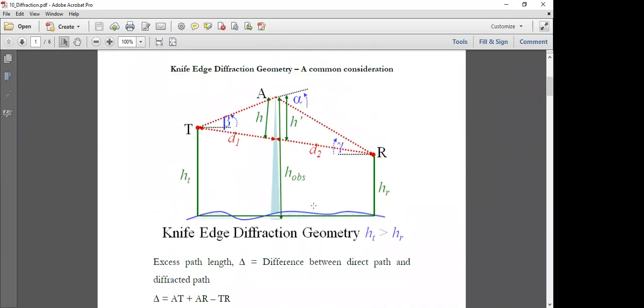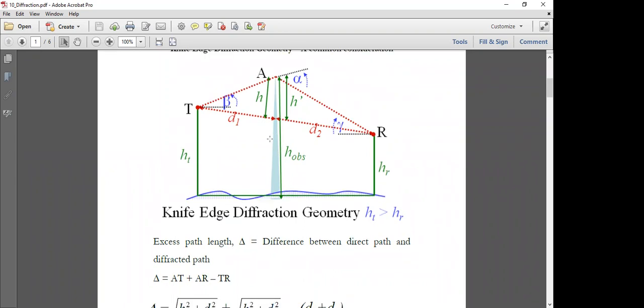Now, if you do some approximation, then for AT, we can consider a triangle with a right angle, approximately.